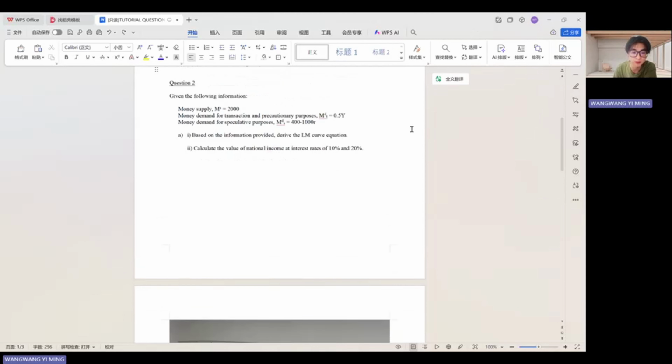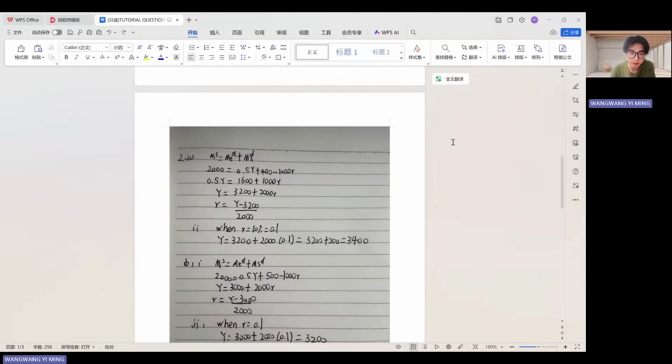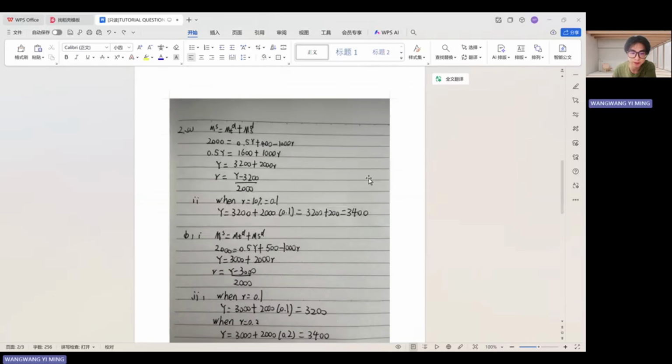Okay, I will discuss question 2. For question 2A, based on the information provided, the LM equation: MS equal to MDT plus MDS. So we get 2000 equal to 0.5Y plus 400 minus 1000R.